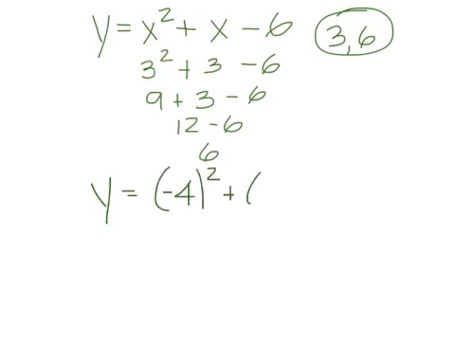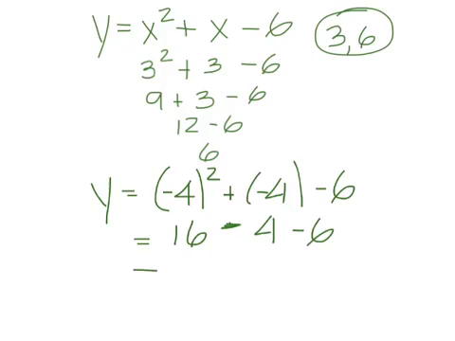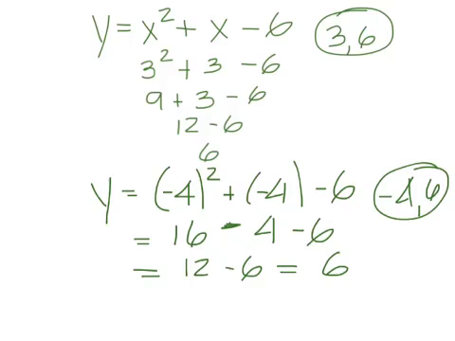So we'll put in a negative 4 and come up with 16 minus 4 minus 6. That would be 12 minus 6, which is going to be 6. So we put in a negative 4 and we came back with 6. So keep those 2 points handy and go back to the graph and plot those 2 points.